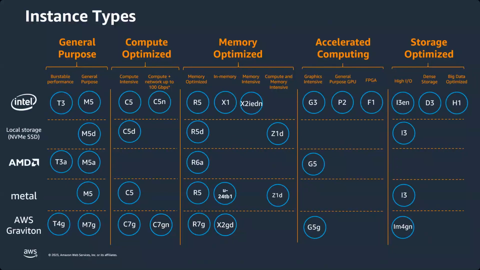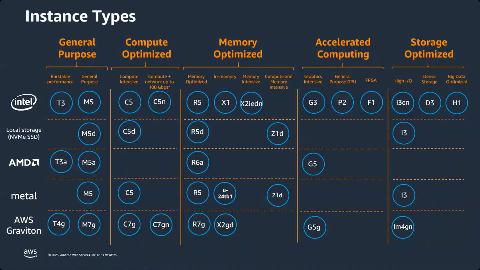So as you can see, this is a table of the wide selection of instance types that EC2 offers, right? And there are so many because we want to fit every different use case. So the types vary with respect to the combinations of CPU, memory, storage, or networking capacity, and they give you the flexibility to choose the exact combination that you want.